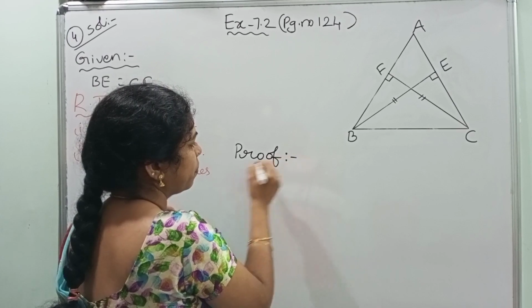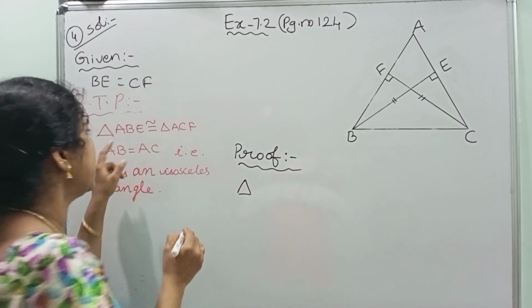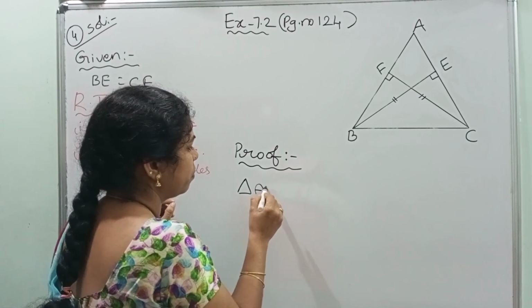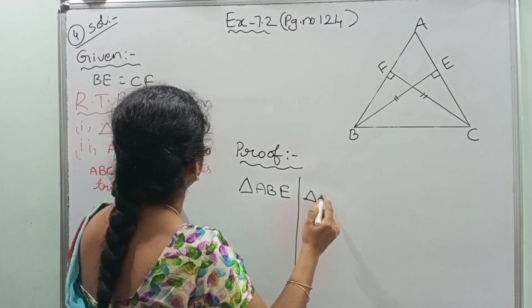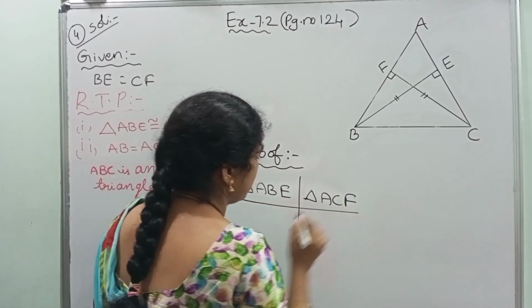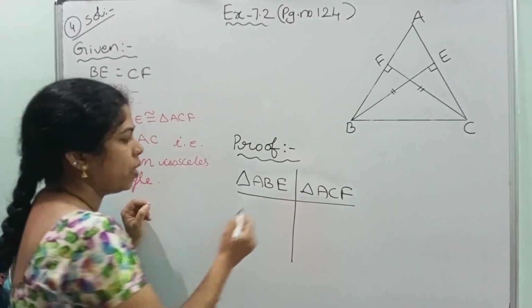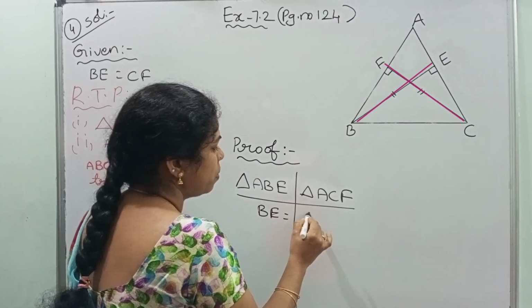In triangle ABE and triangle ACF, write the equal parts. Given that BE is equal to CF.